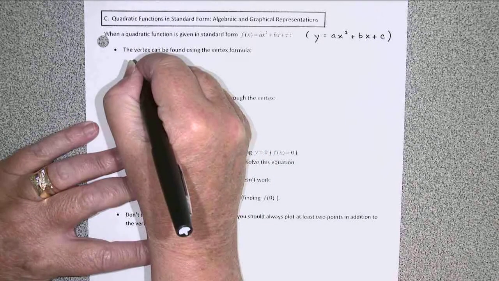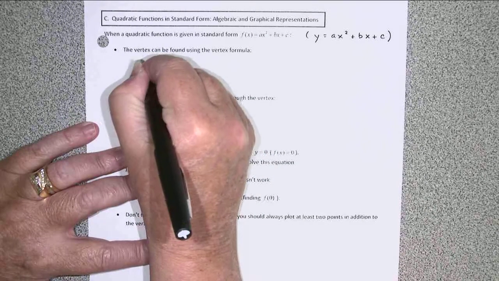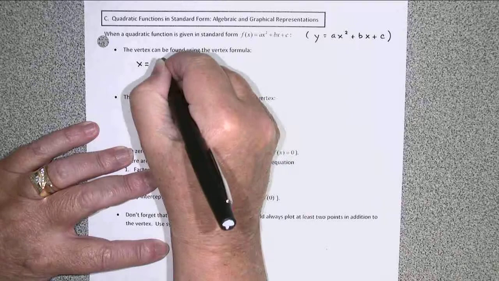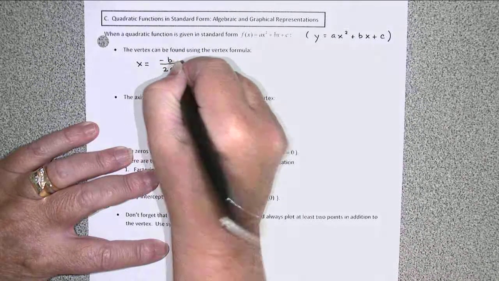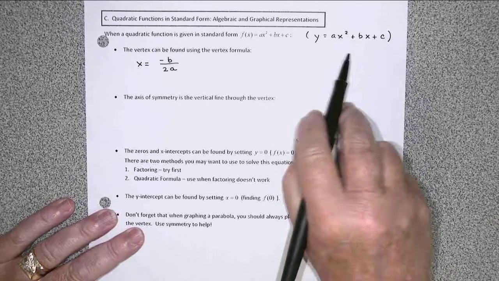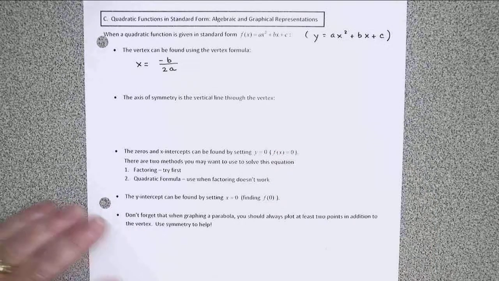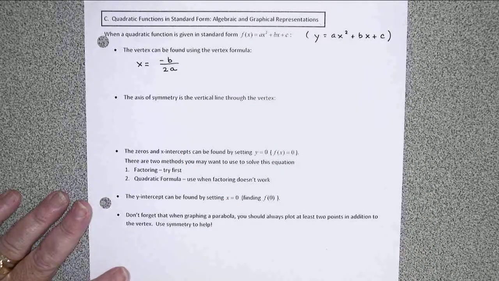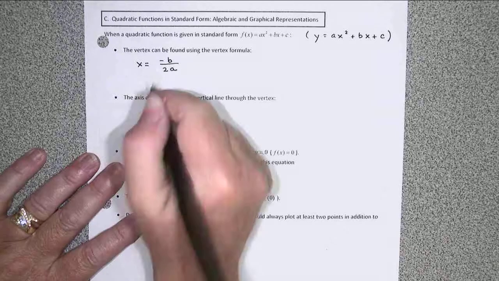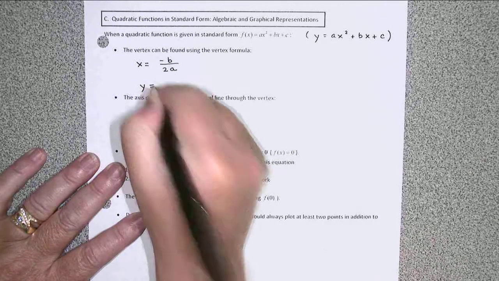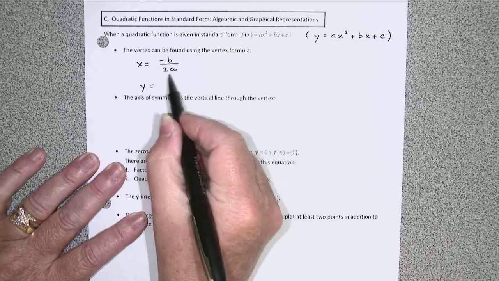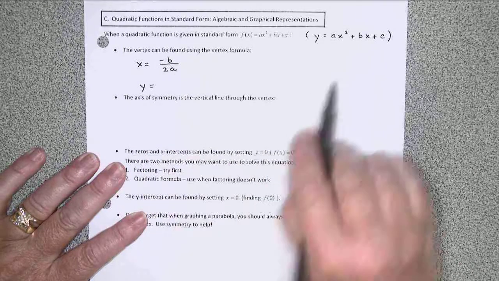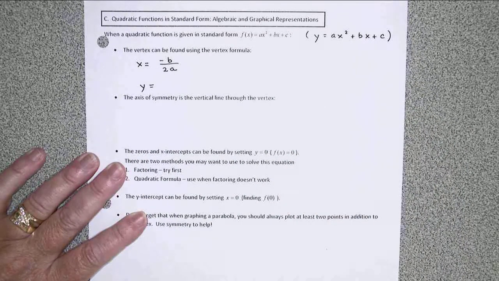The vertex formula says that the x value of the vertex can be found by taking minus b over 2a. So literally just grabbing the values out of your equation and plugging them in will give you the x value. To find the y value of the vertex, we're going to take whatever our x value was, and just plug it back in for x in the original equation to find y.